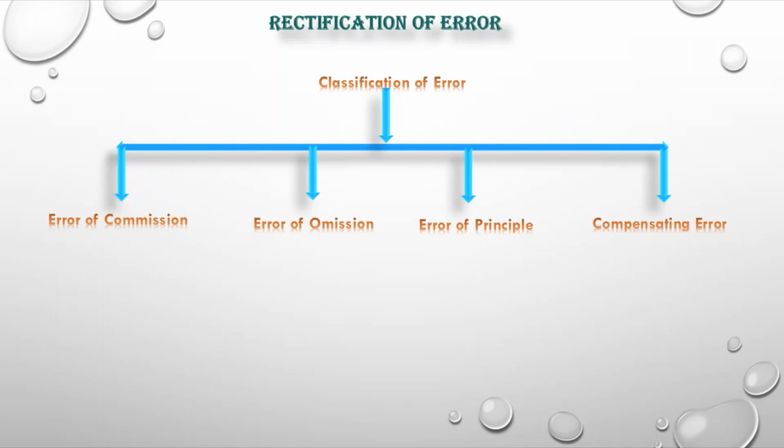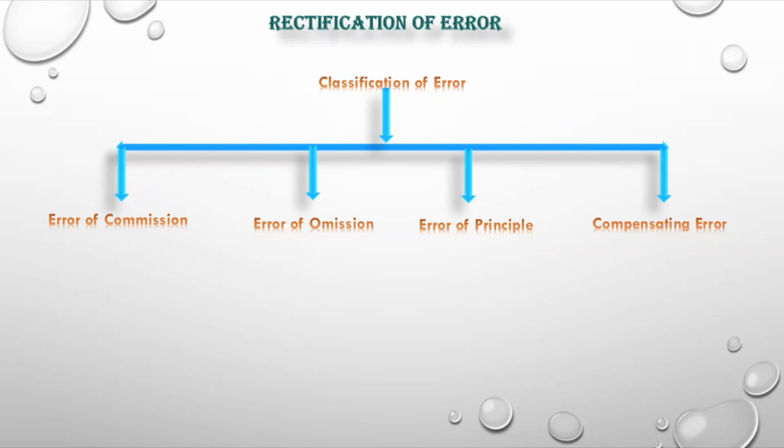Because that does not guarantee, the accountant needs to recheck their books or scrutinize their books again and again and find out all these mistakes, because errors may be possible. So here let me discuss first error of commission.